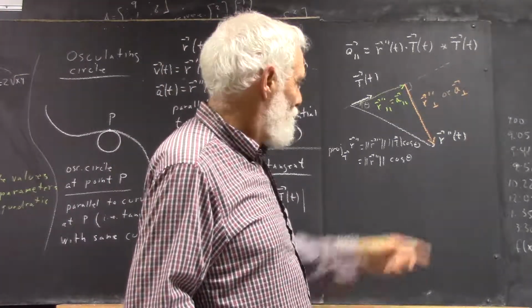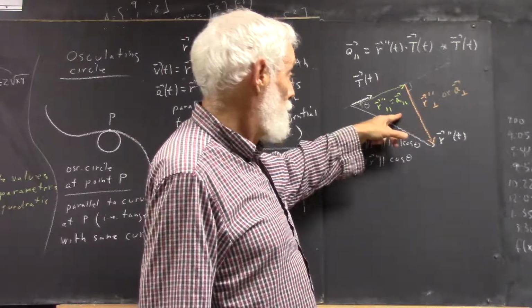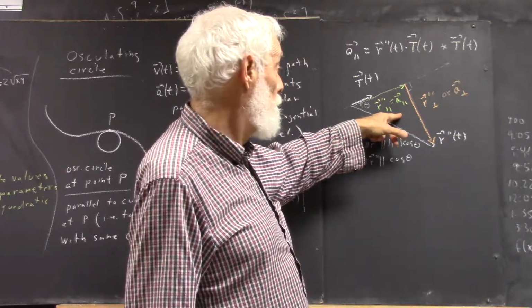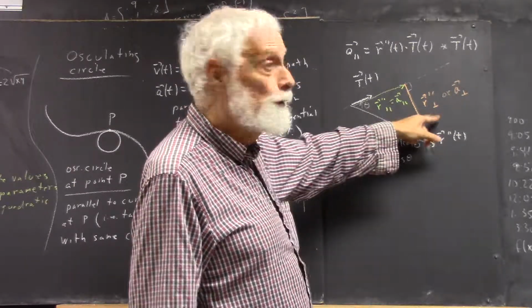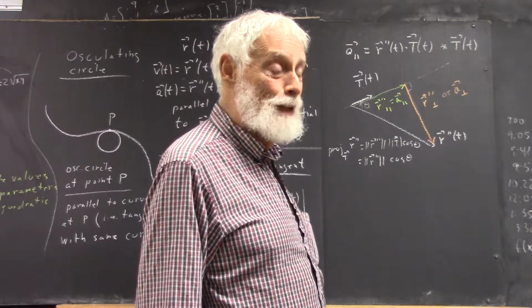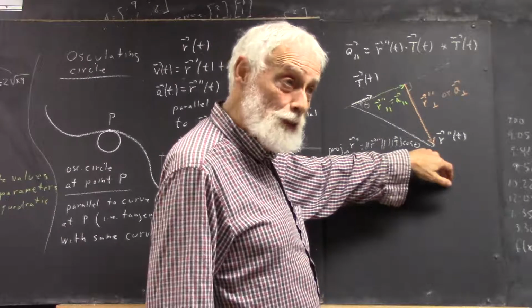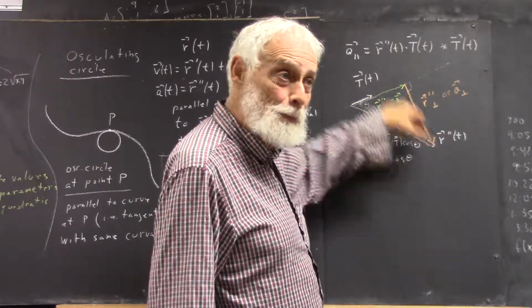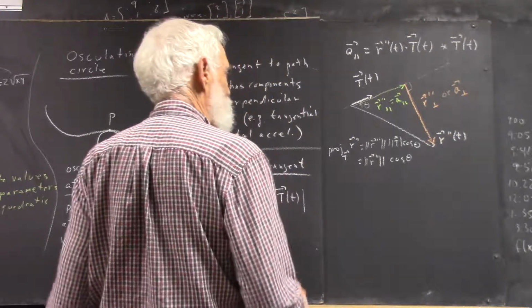Well, do you know r double prime? Have you now calculated r double prime parallel? Well, how could you use those two vectors to get this one? R double prime minus r double prime parallel. Yeah, exactly. This plus this equals this, so this equals this minus this, right? Okay?